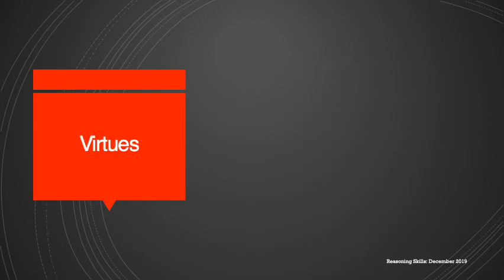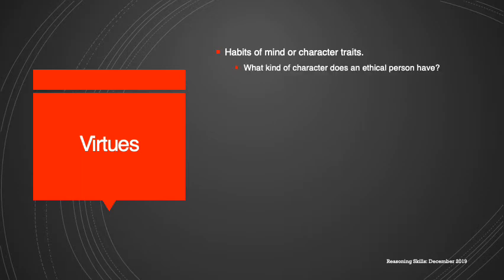The third type of ethical imperative that we're looking at today concerns virtues. These are habits of mind or character traits. And as I've indicated, that can include the character of a culture or a society, a nation, too. What kind of character does an ethical person or an ethical society have?